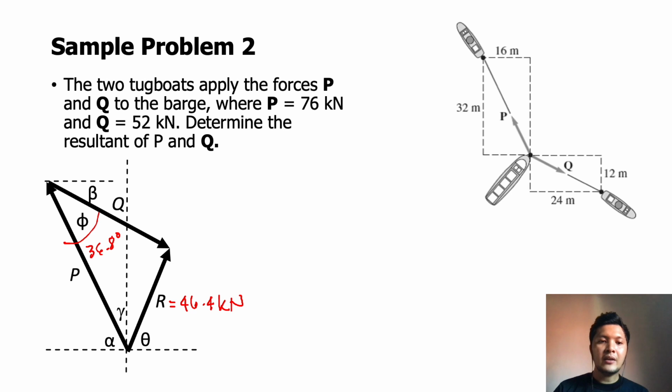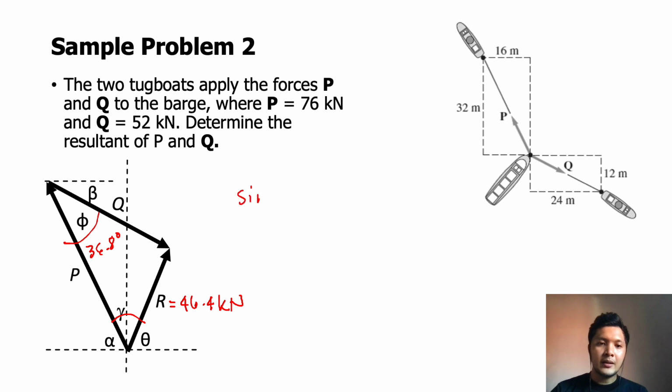Now, the next thing we have to look for is the value of theta, the direction. To get that, we can use the sine law. Since we're given the value of phi here, and the opposite side of the resultant vector, 46.4, and the other sides, we can use those values to get the sine of gamma.